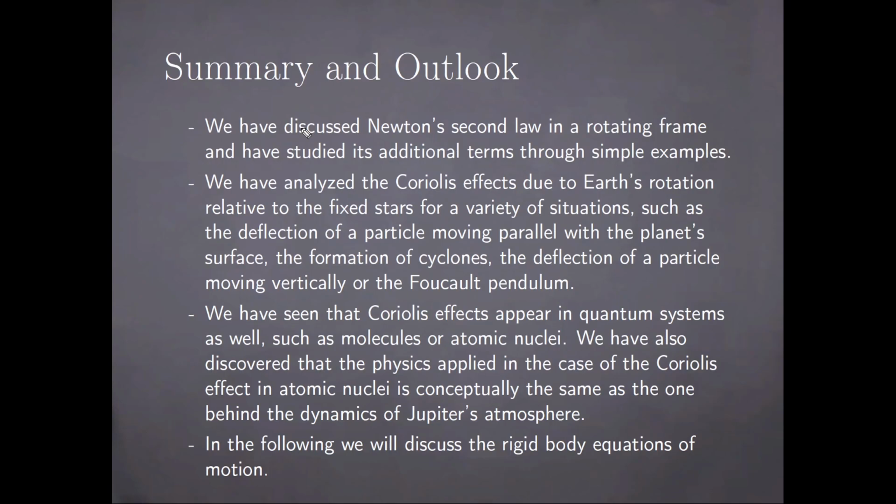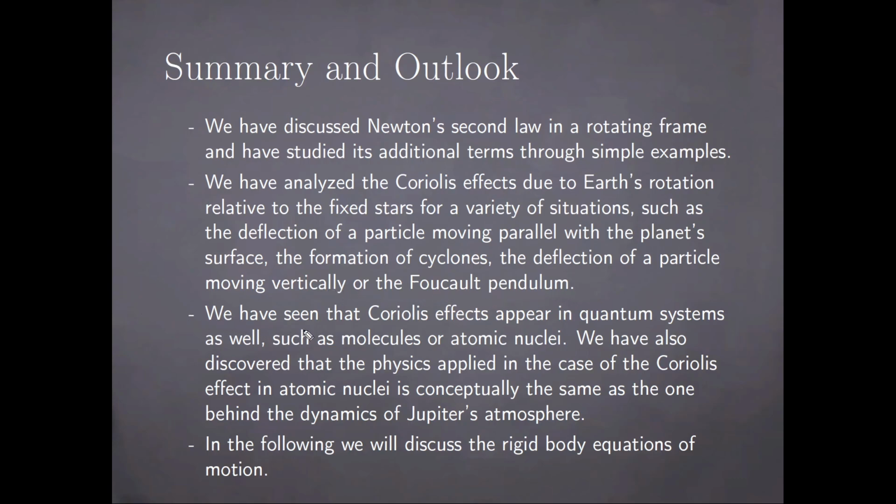In conclusion, we have discussed Newton's second law of motion in a rotating frame and have studied its additional terms through simple examples. We have analyzed the Coriolis effects due to Earth's rotation relative to the fixed stars for a variety of situations, such as the deflection of a particle moving parallel with the planet's surface, the formation of cyclones, the deflection of a particle moving vertically, or the Foucault's pendulum.